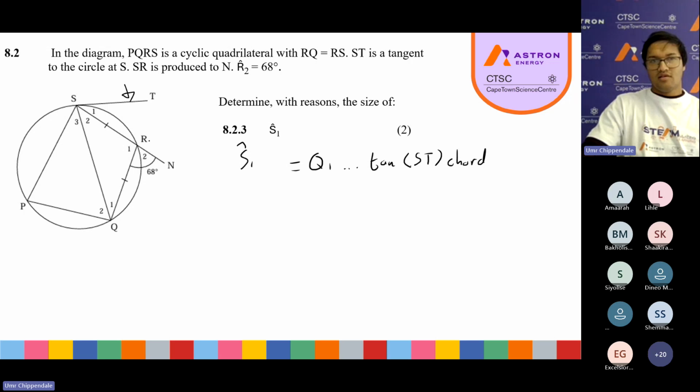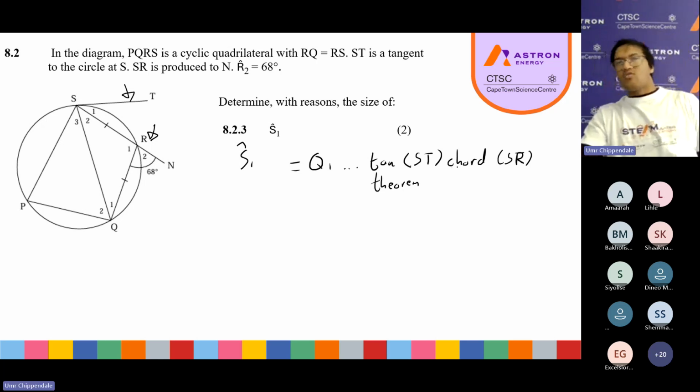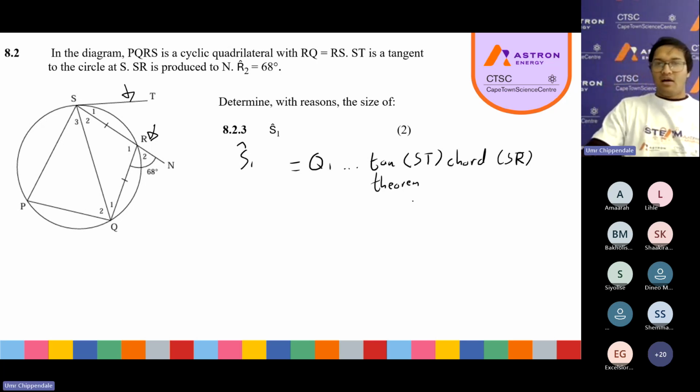Well, where's our chord? That's this one over here, so that is SR. I'm just specifying where we find it to let the examiners know what we're doing as well. Theorem. So this is the tan chord theorem dealing with our ST and our SR lines. And that's how we know that these two angles are going to be the same.